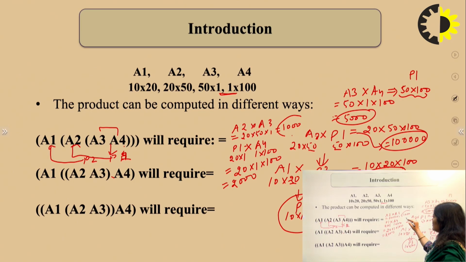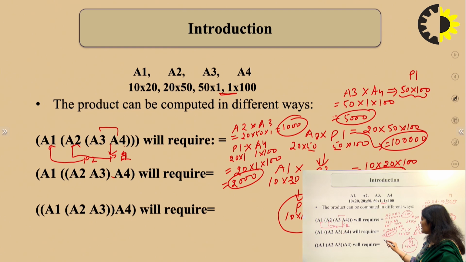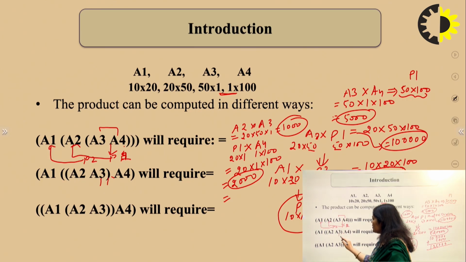So previously I have calculated 1000 products, and now I have calculated 2000 more products. And again, since the multiplication is not completed right now, whatever product has been generated after this needs to be multiplied with A1.